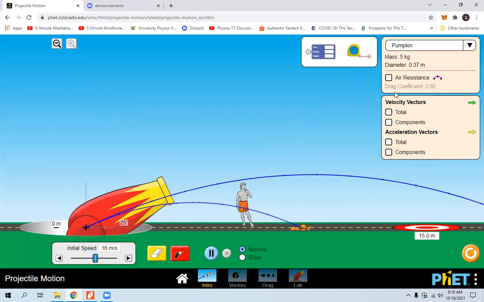Isa pa na pwede kong baguhin dito, pwede ako maglagay ng air resistance. Tapos magfa-fire lang ako ulit. Anong mag-iiba? So makita mo, may iba agad oh. It's color purple and iba yung trajectory. So ayun, explore nyo na lang. Pero di naman siya ganun karami.